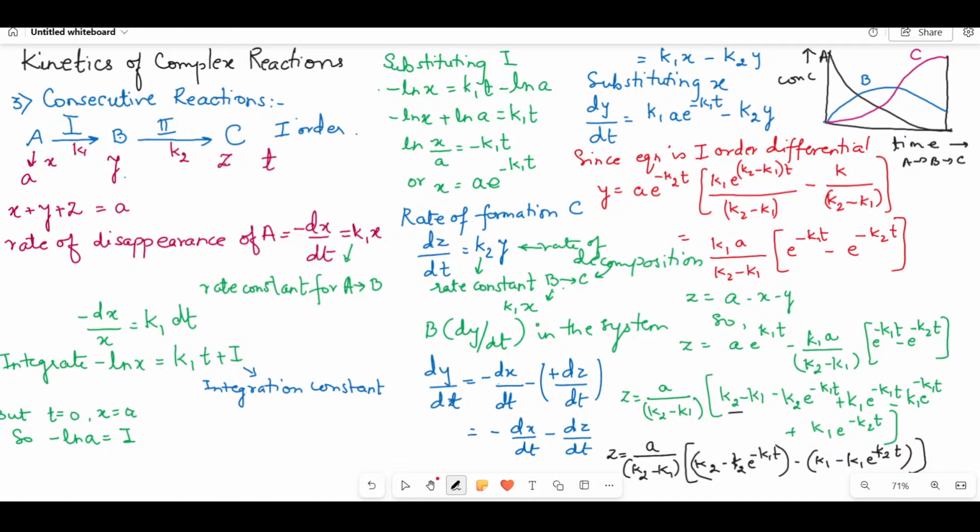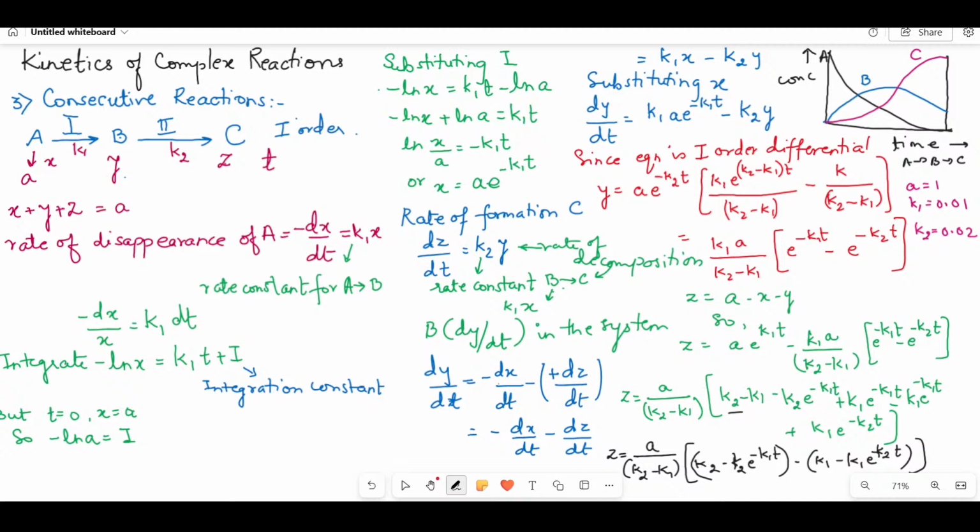That is, we can say if A is equal to 1, then k1 will be equal to 0.01 and k2 will be equal to 0.02, if a graph of X, Y and Z is plotted.